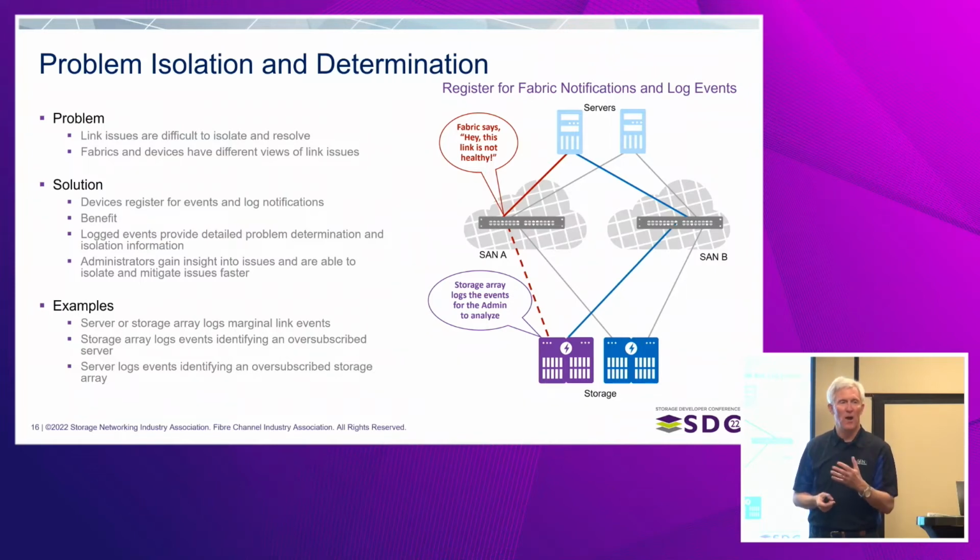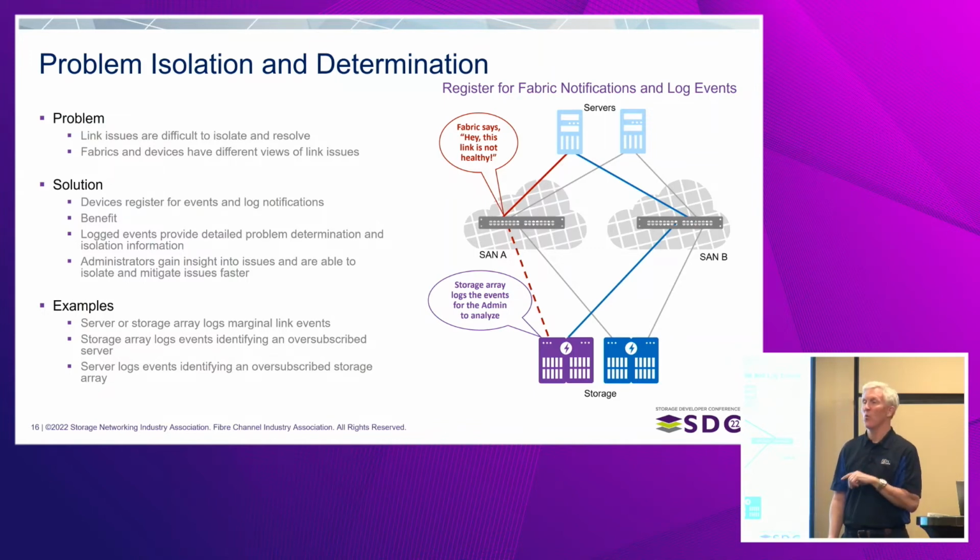So you go from involving 20 people in an analysis of the situation to involving one person who pulls up and looks at the log and says, nope, that's it. Information in that log data also tells him where in the system that link is bad. So rather than digging around and going, well, is it this link or this link or this link? He goes, no, there's that link right there. Clean it, you're done.